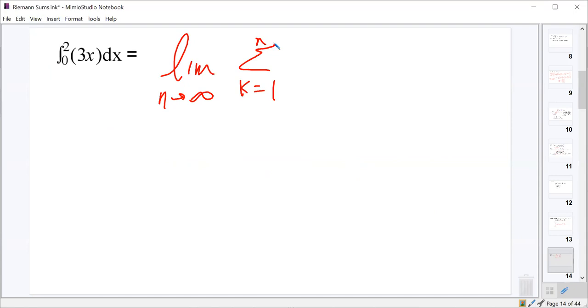So what's the height of each subinterval? It's just our function, right? At whatever k value we're at, 3x sub k. And what is the length of each subinterval? Well, it's just our delta x value. It does not look like a delta. It's just our delta x value. And so how do we find delta x?